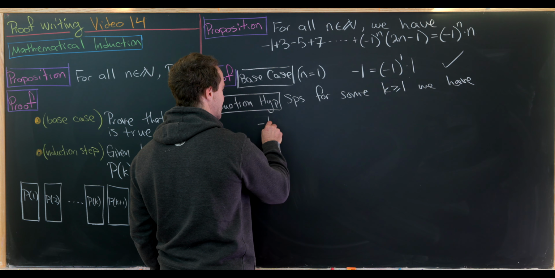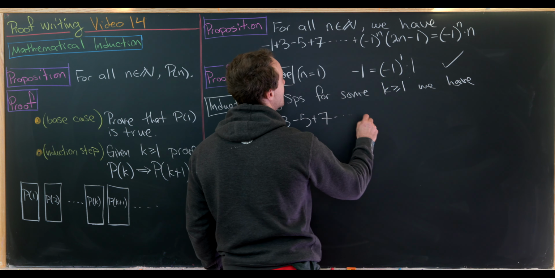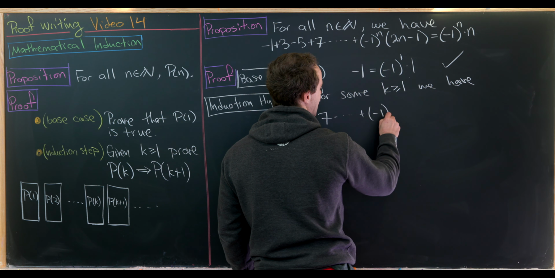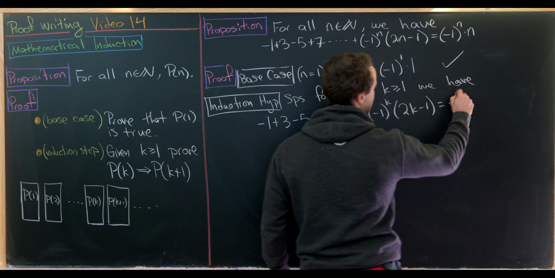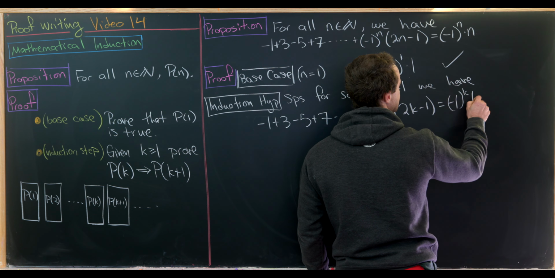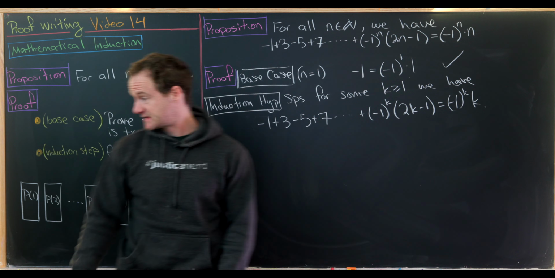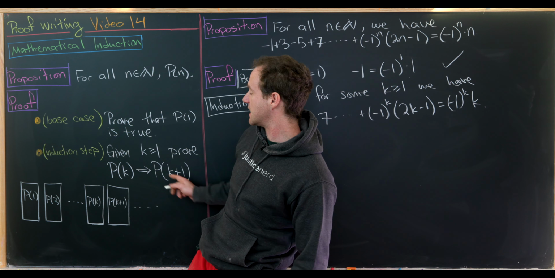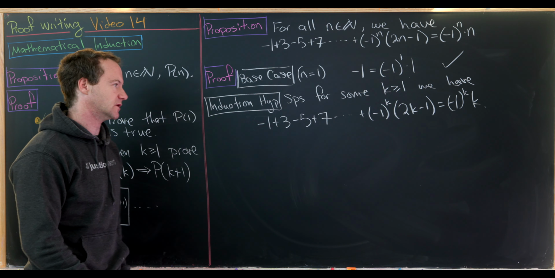In other words, we have minus 1 plus 3 minus 5 plus 7 all the way up to (minus 1) to the k times 2k minus 1 equals (minus 1) to the k times k. Okay, that's like our kth statement being true. We're assuming P(k) in this conditional. Now we'd like to use this to prove P(k+1).